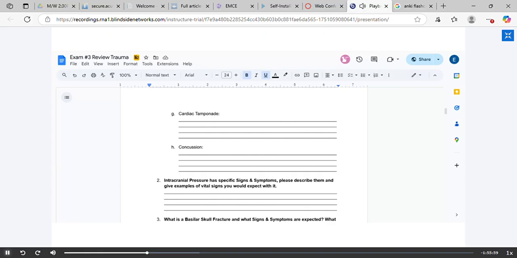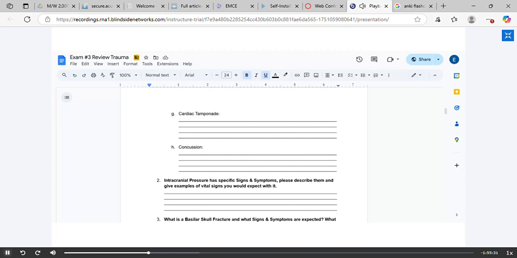So with cardiac tamponade, though, not only is it important to understand the mechanism and the patho behind it, that it's an obstruction of the normal movements of the heart, but it's also important to recognize the signs and symptoms of it. Same as what we've been talking about with the previous emergencies. So cardiac tamponade is going to have some very specific signs and symptoms, and it's what we call Beck's triad.